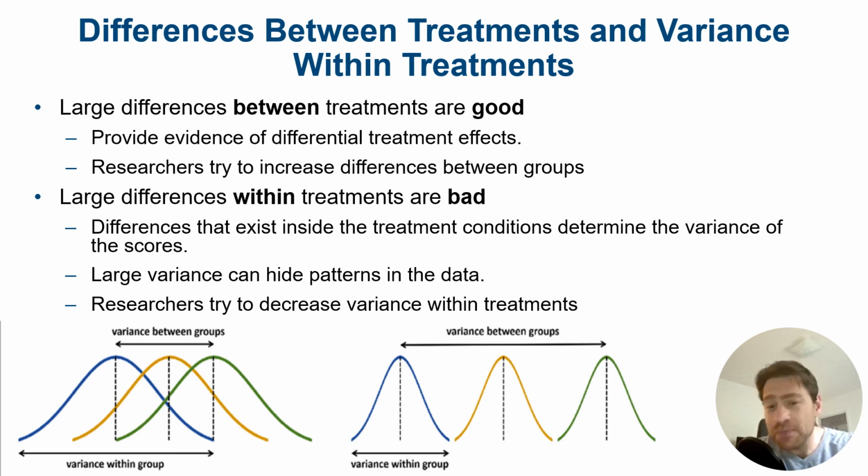Now, conversely, when it comes to differences within groups or within group variance, ideally you want that variance to be small or smaller. Because as we saw in the previous examples, if you have very large variance within your groups, that can obscure the effect of the independent variable.